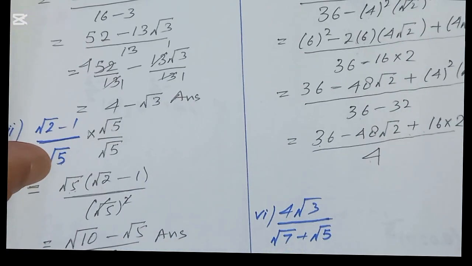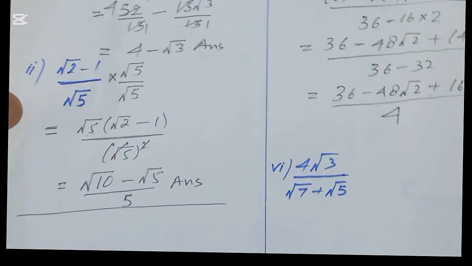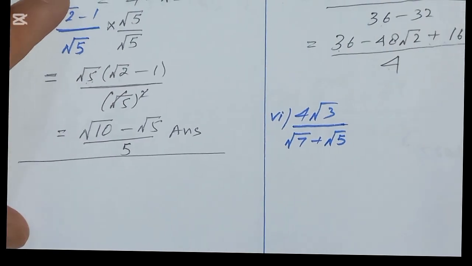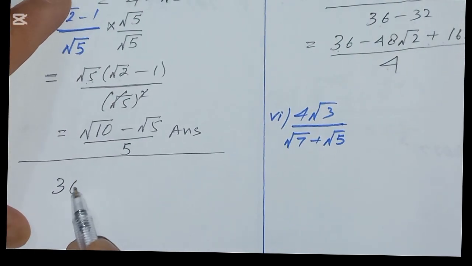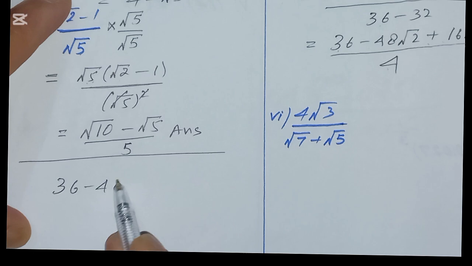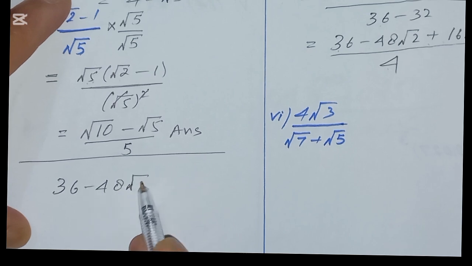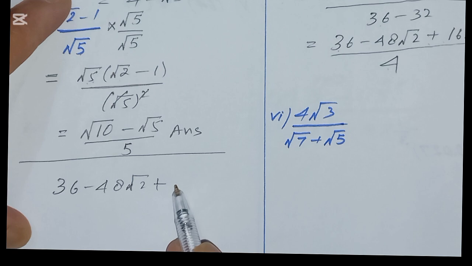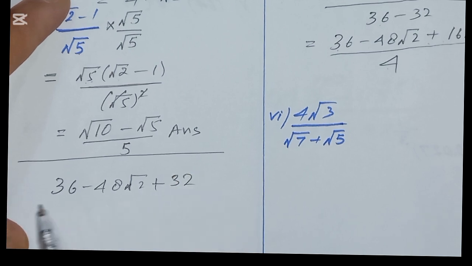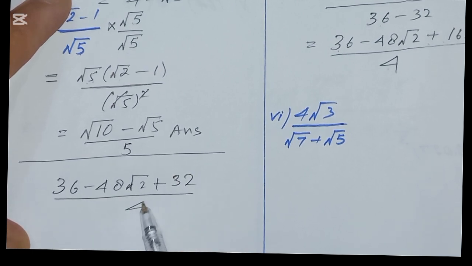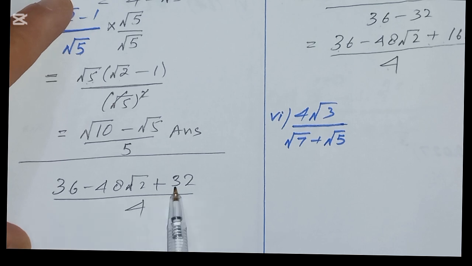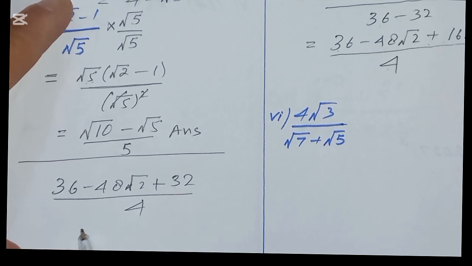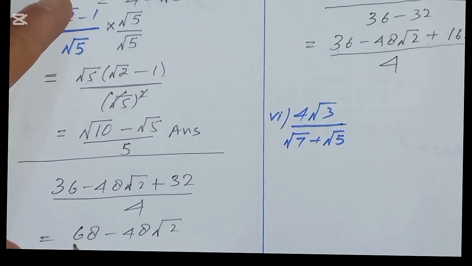36 minus 48 under root 2 plus 16 multiply 2, by 4. This now can be written as 36 minus 48 under root 2 plus 32 by 4. 36 plus 32, it will become 68 minus 48 under root 2 by 4.